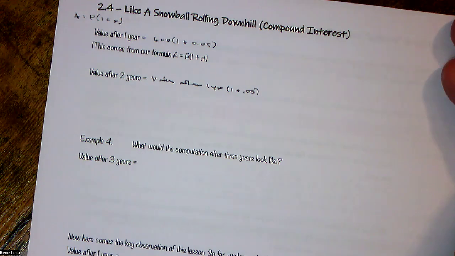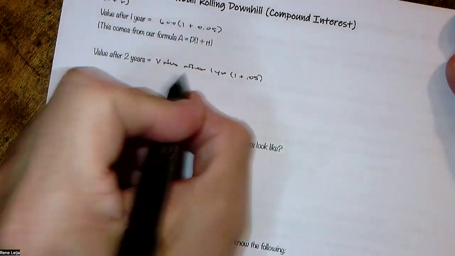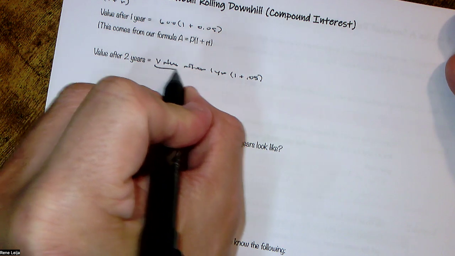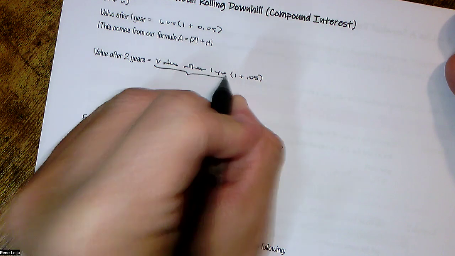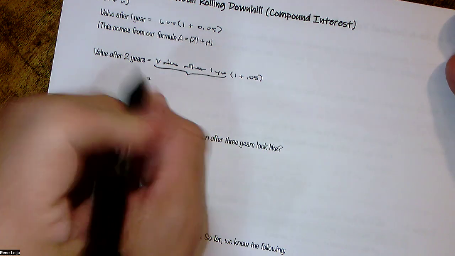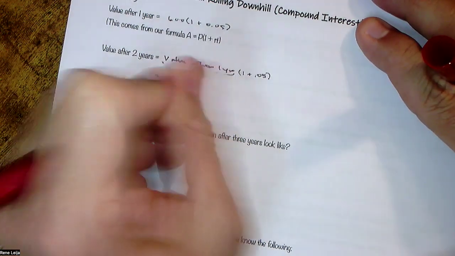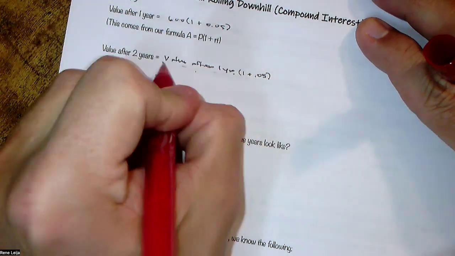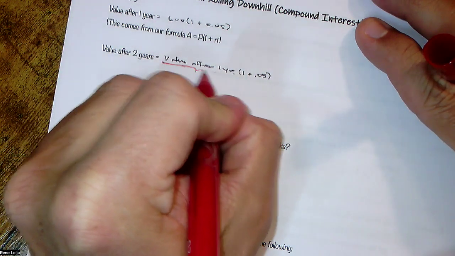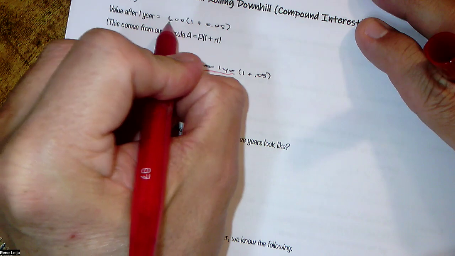Okay. Now, I'm just going to show you what gave us this calculation. Oh, I should have done this in red. Let me do this. So what gives us this calculation is this.